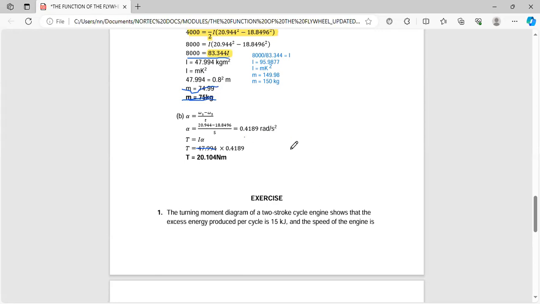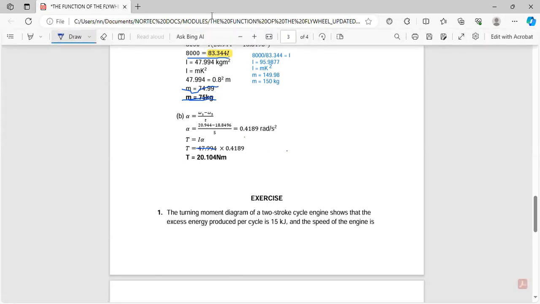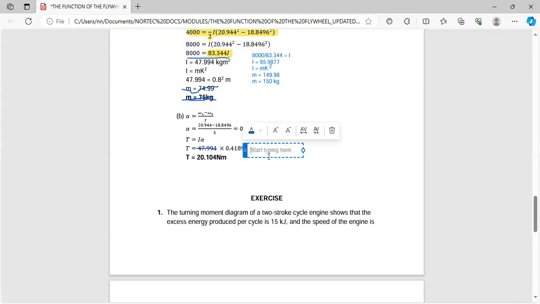Therefore, my T should be equal to 95.9877 multiplied by the value for alpha, which is 0.4189.